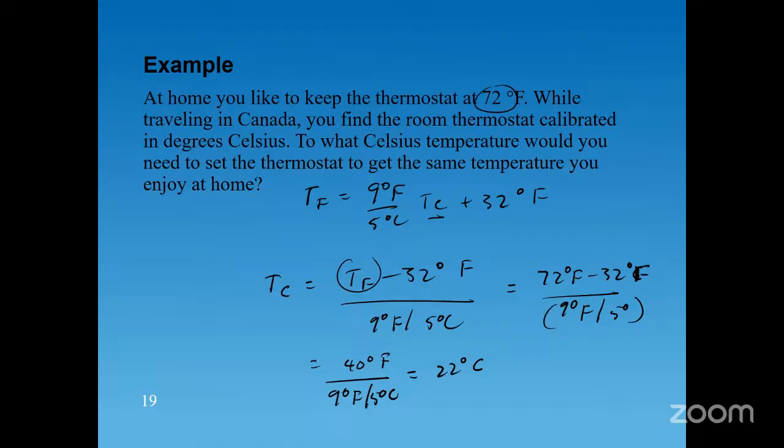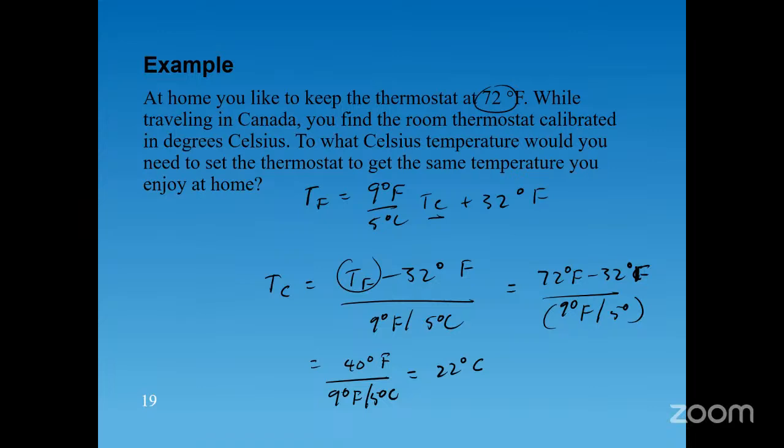Any questions? Yes, ma'am. How'd you put it in the calculator with the 40 over the 9 degrees over 5? It kind of depends on the calculator. On my calculator, what I would do is divide the 40, and then put open parentheses, and then put 9 divided by 5, and then close parentheses, and then hit the equal sign.